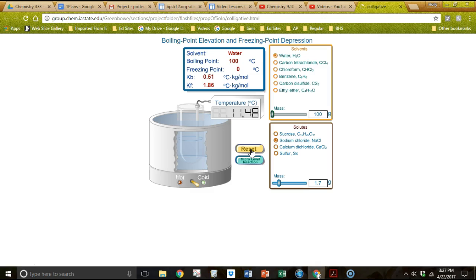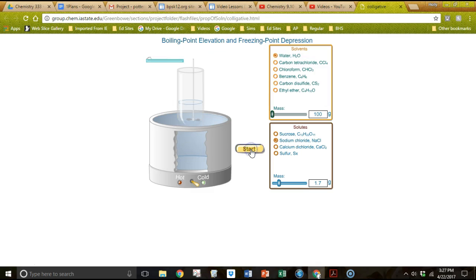So this will be the freezing point for sodium chloride, 1.7 grams. We have negative 1.06, negative 1.06. All right, reset.